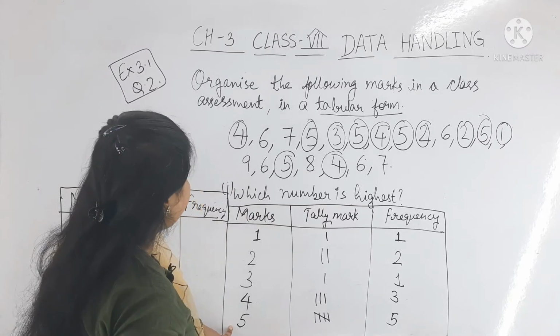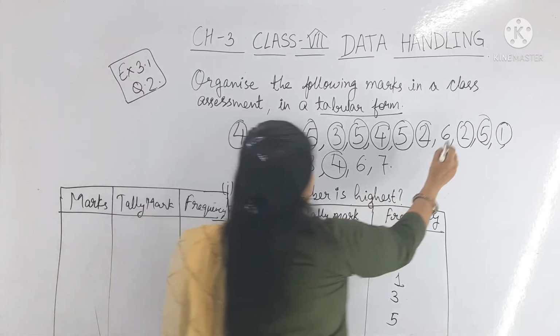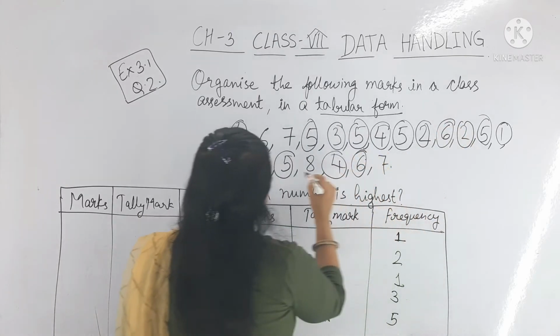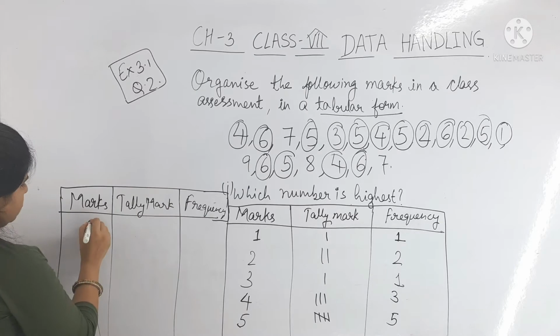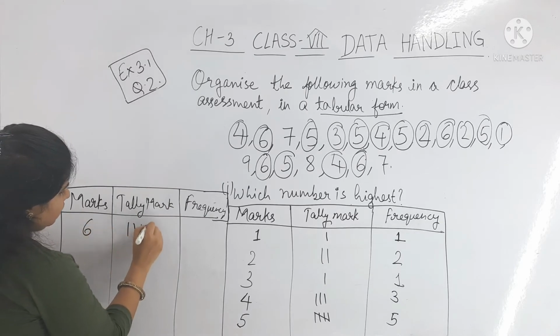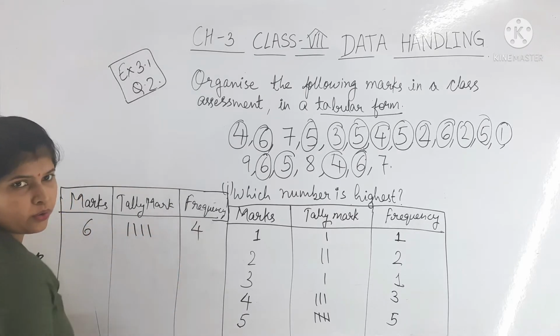Up to 5 I had done, then 6: 1, 2, 3, 4, okay, 4 are 6, frequency is 4, okay.